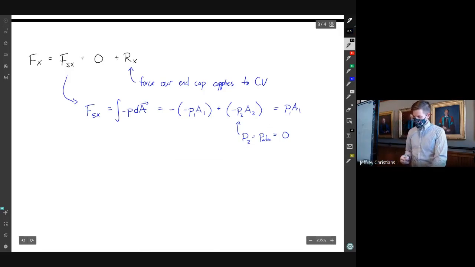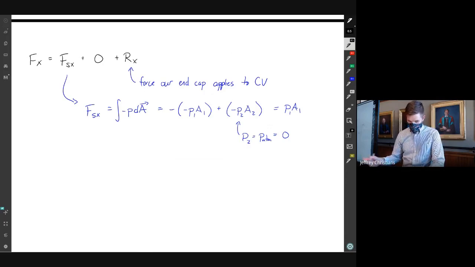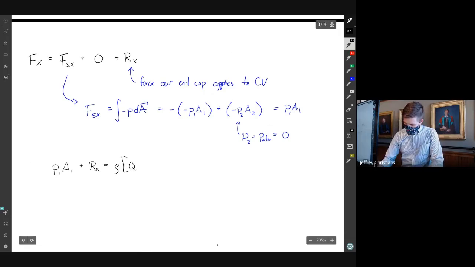Okay, so now let's plug all of this in and then we're almost done. So P1 A1 plus Rx is equal to rho Q squared times 1 over A2 minus 1 over A1.